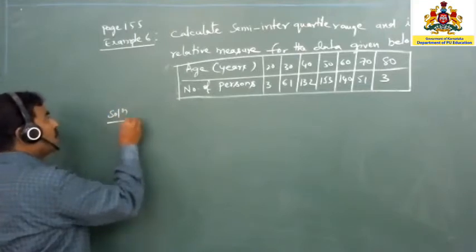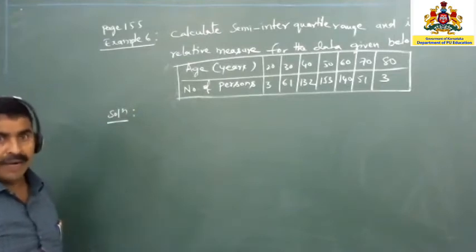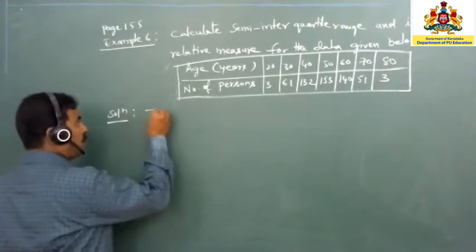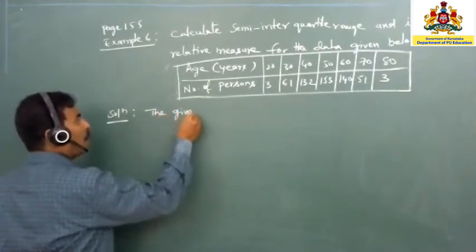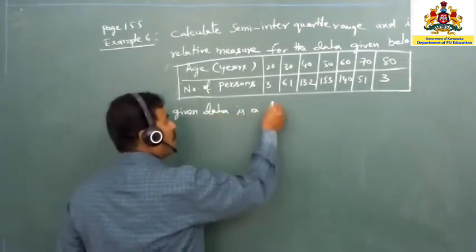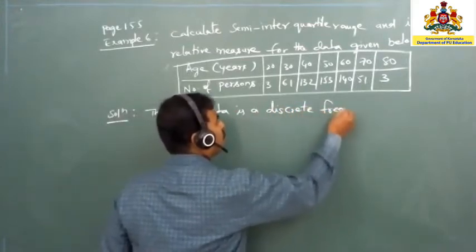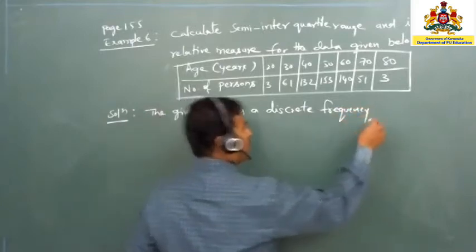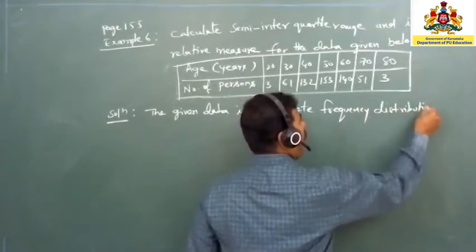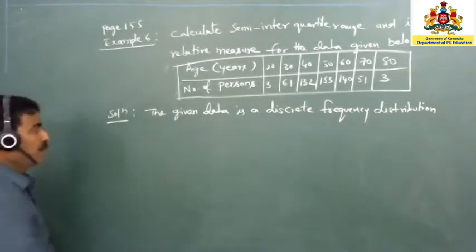In the solution, first you should identify the type of the data. The given data is a discrete frequency distribution.